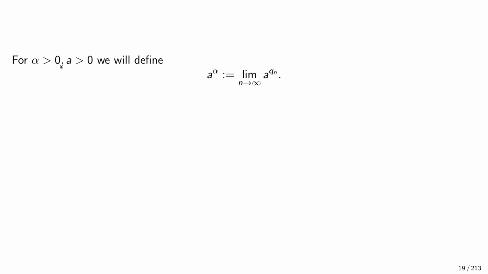So for positive alpha and a positive, we're going to define a to the power alpha as the limit of this monotone increasing sequence, and we just showed that by the monotone convergence theorem, this sequence is going to converge.